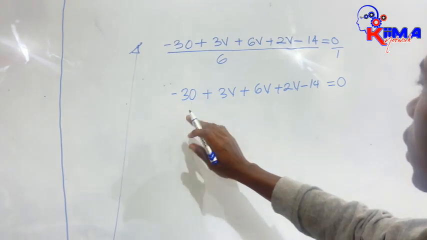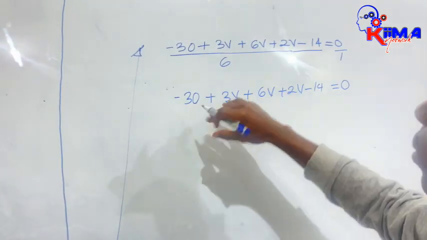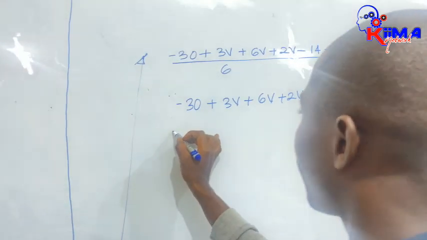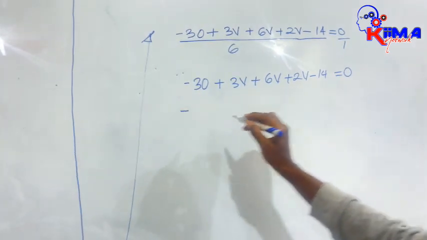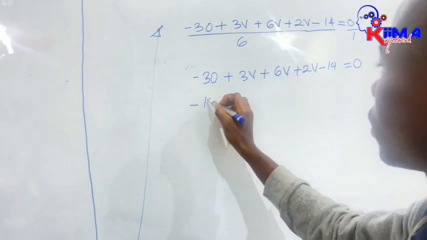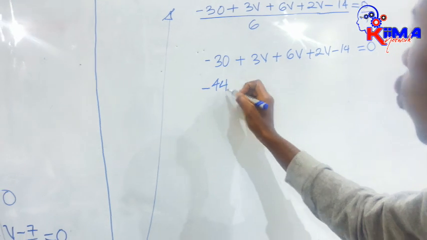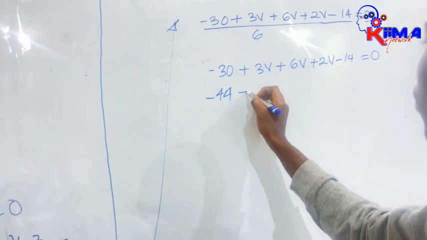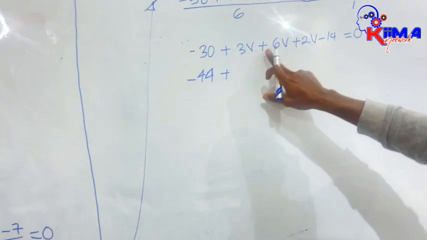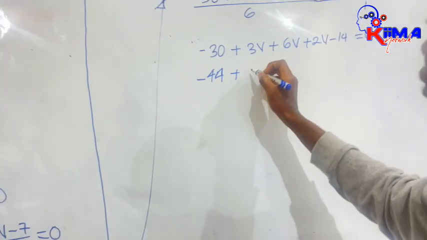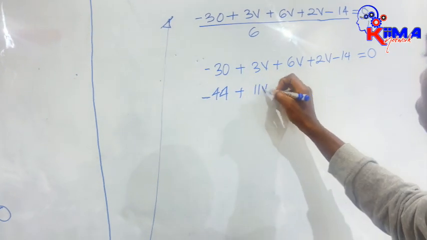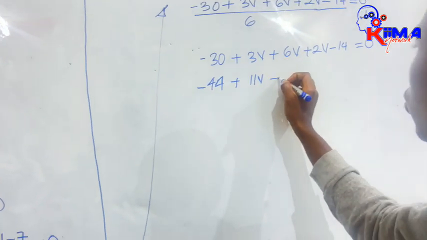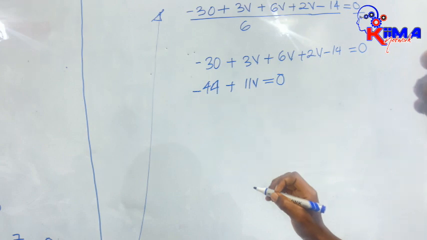The next thing is to collect like terms. The minus 30 and minus 14 are both negative, meaning you maintain the sign and add them, so you get minus 44. Plus the sum of these three terms, you have 11V, equal to 0.